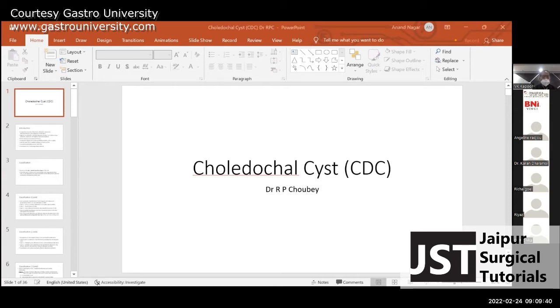Type 2 is the diverticulum of the extrahepatic biliary duct. Type 3 is the cystic dilatation limited to the intraduodenal portion of the lower end of the CBD. It did not include intrahepatic cyst. However, it formed the basis of all other subsequent classifications.